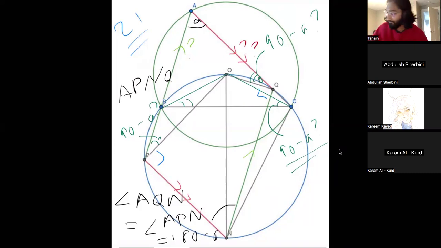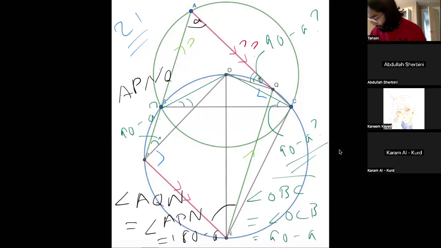We just need to show these two angles are 90 minus A. This is much easier because we have a triangle and its circumcenter. It's a lot easier to work with.